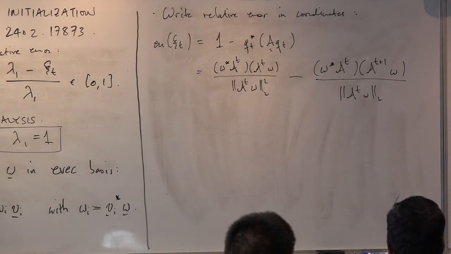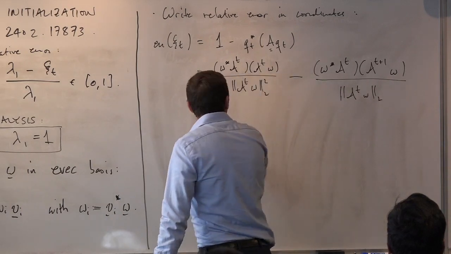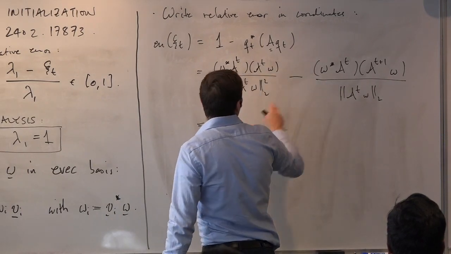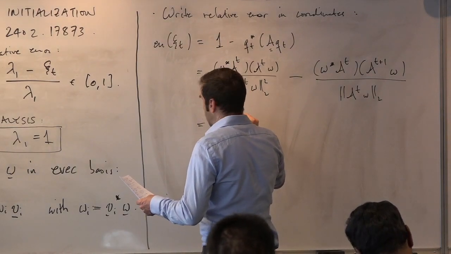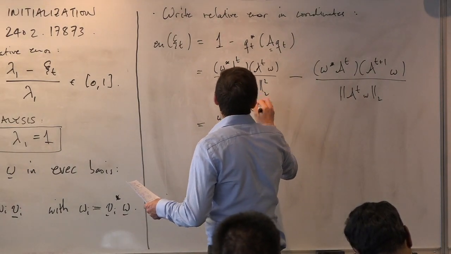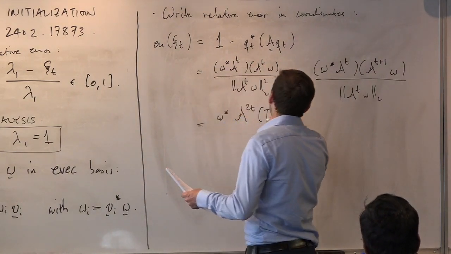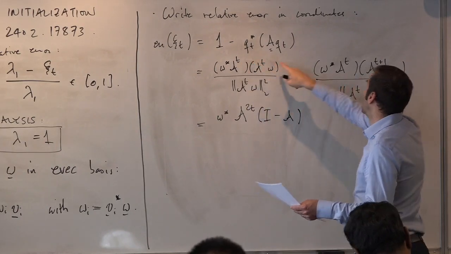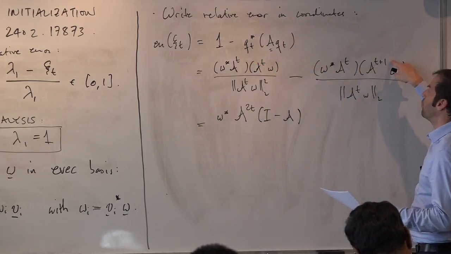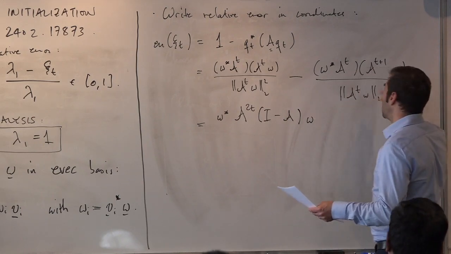OK, so this isn't so interesting. Let's continue with the calculation. Now we're just going to combine these terms. So we have omega transpose A to the 2t. These t's combine. We've got an identity minus A, because here we have a 2t power, and here we have an extra power of A. And we've got an omega here.